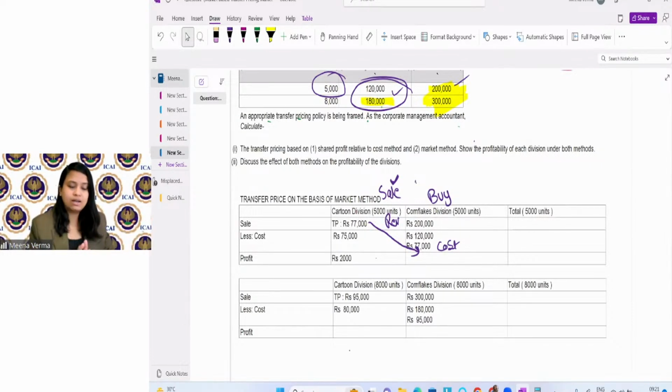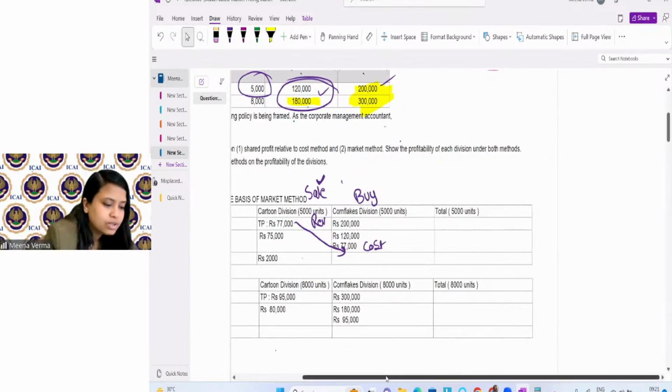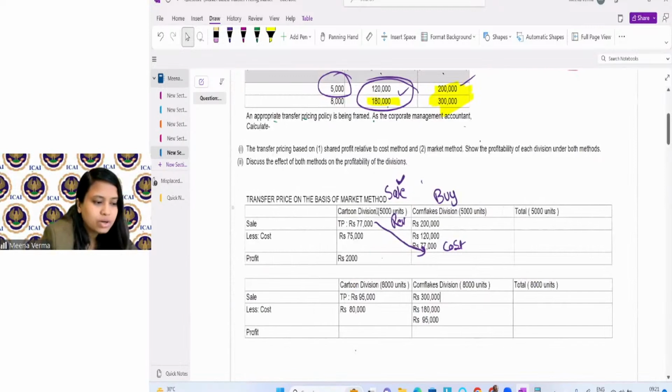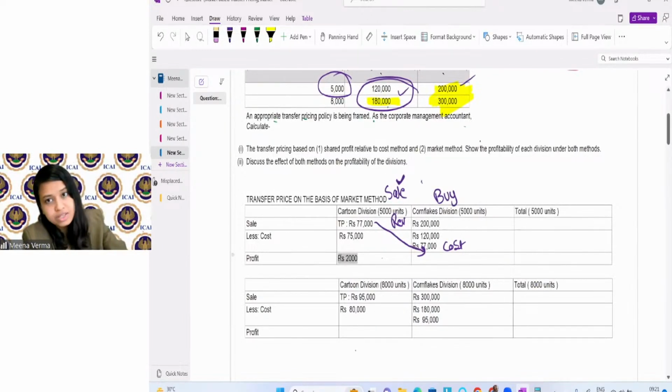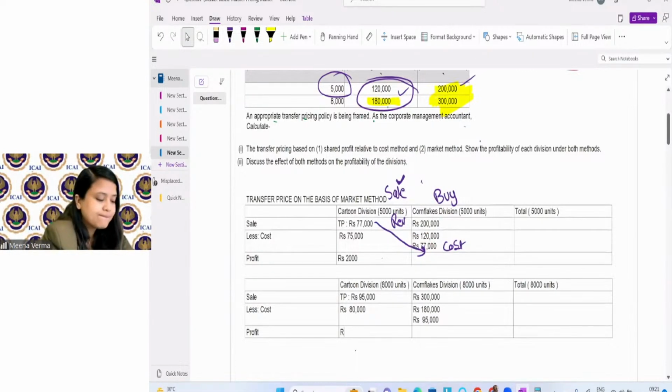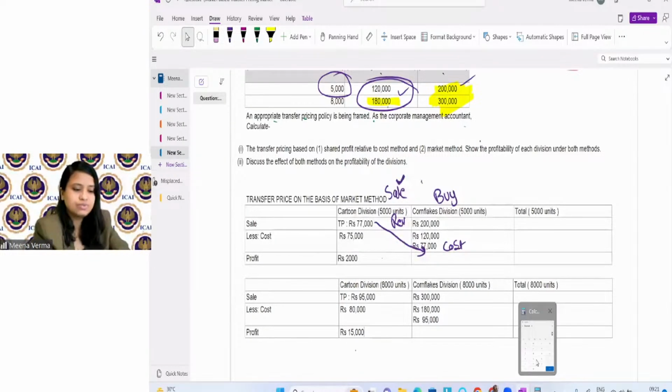Now, let's calculate the profit of each of the divisions. So you can see for the carton division, when we are selling 5,000 units, the profit is coming as 2,000. And here the profit is coming as 15%. Okay. Now let's calculate it for the conflict division also.